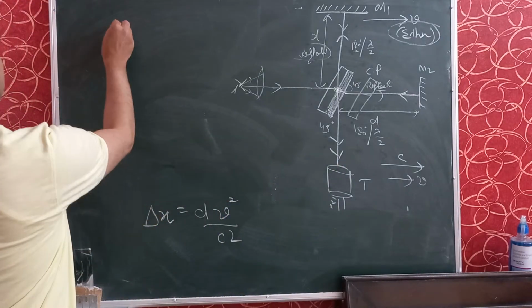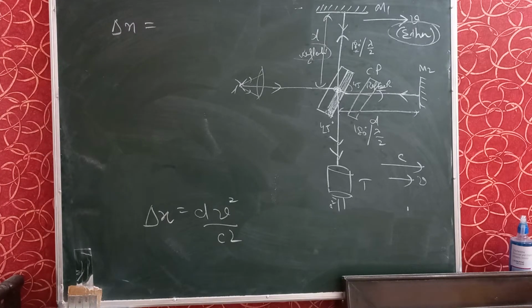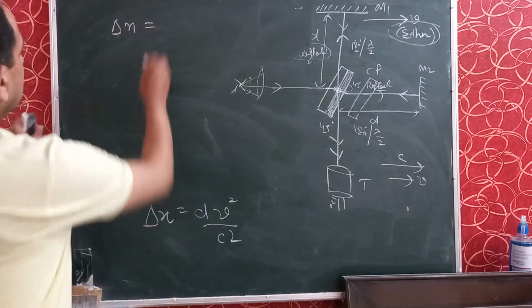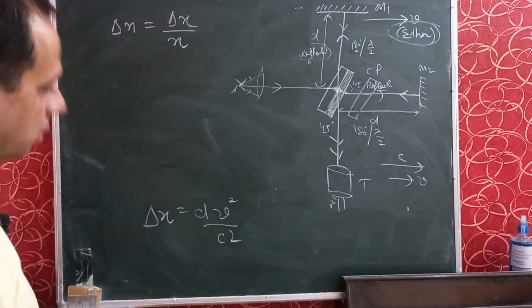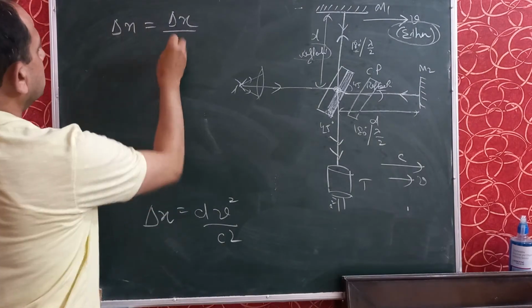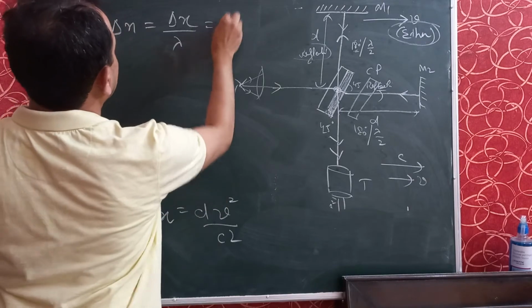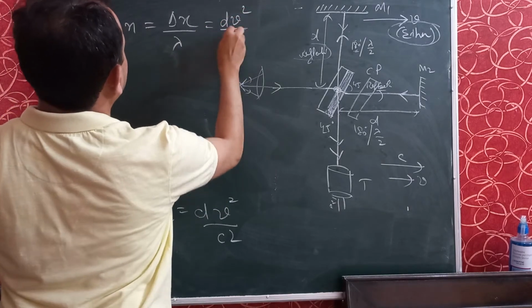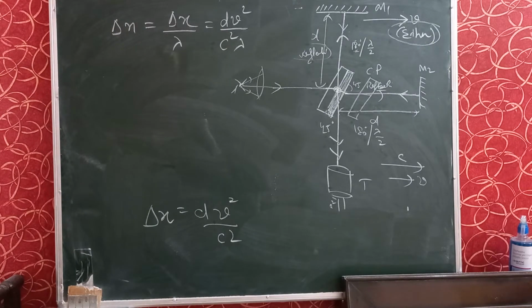So, the shift in fringe is delta n, which is equal to the path difference over the distance measured as wavelength lambda. So, this is d into v square upon c square into lambda. It is the fringe shift.